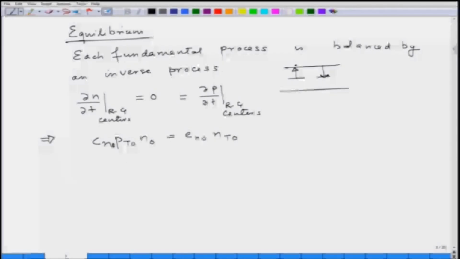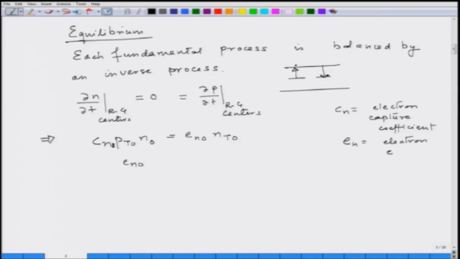So, I can write the emission rate coefficient, and let me define them here, because this is what we had used in the last equation. C_n is known as the electron capture coefficient, and E_n is the electron emission coefficient.